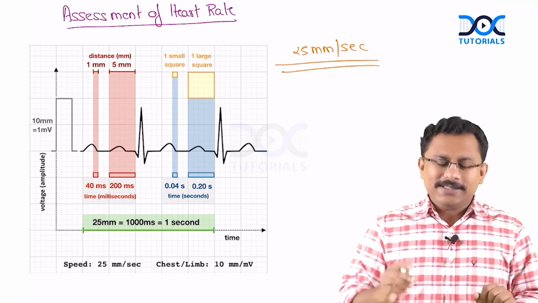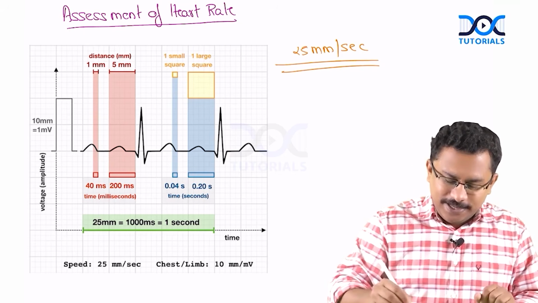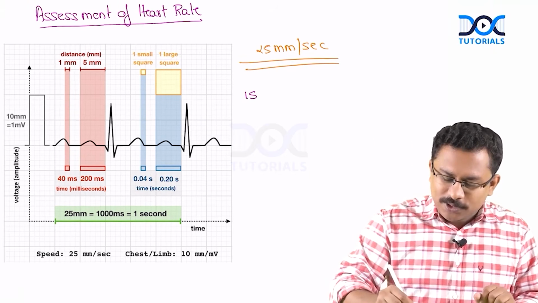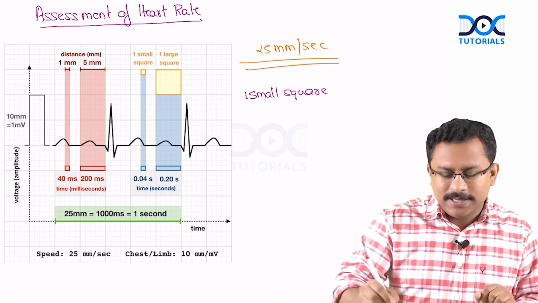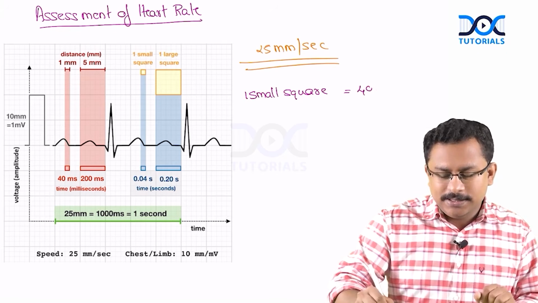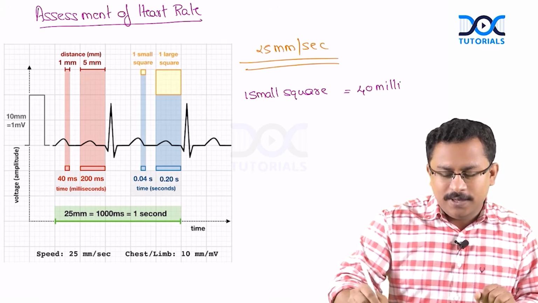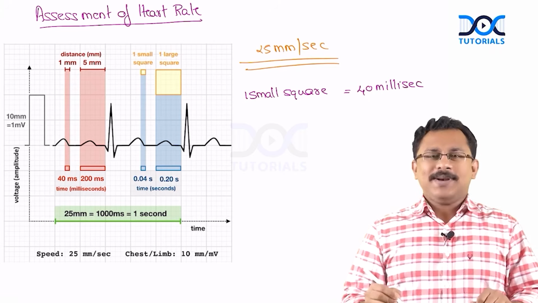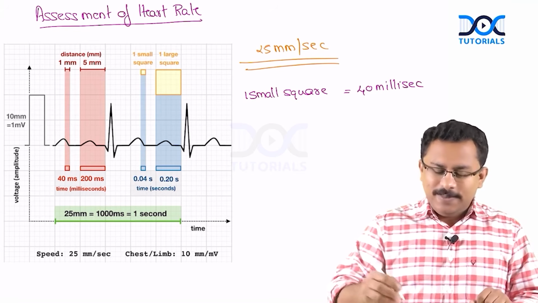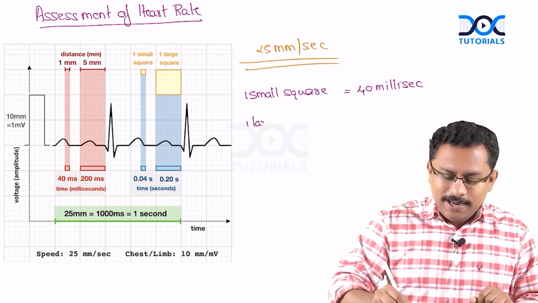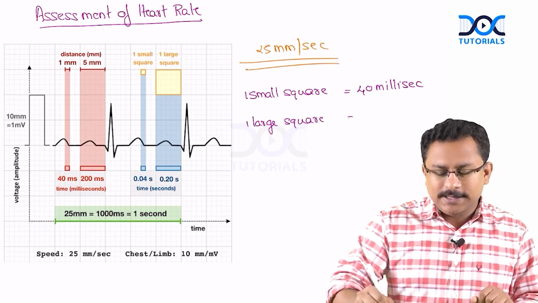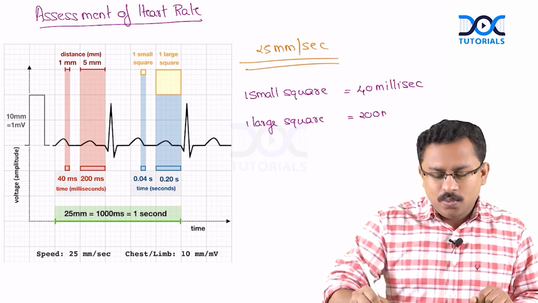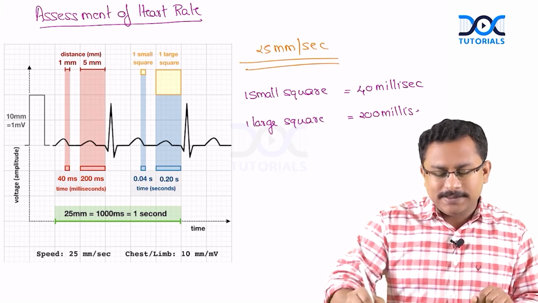But for the conventional paper recording, 1 small square corresponds to 40 milliseconds. 1 large square corresponds to 200 milliseconds.